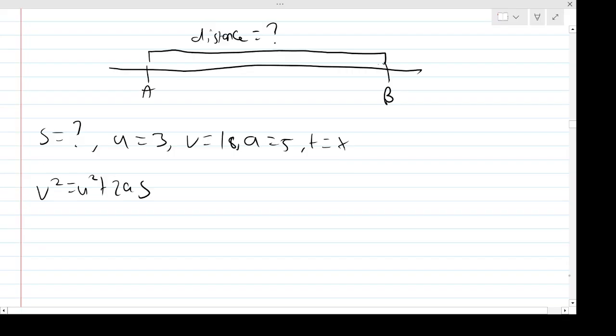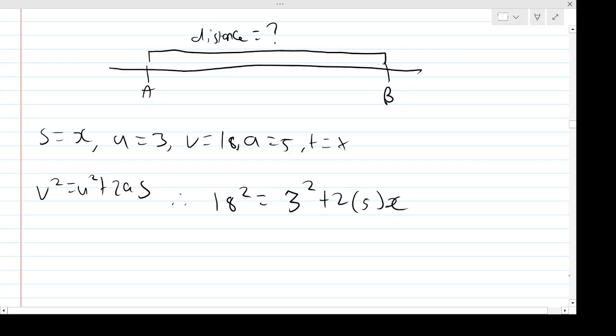We want to find S, so let's substitute these values into this formula. V is 18, so 18 squared is U squared, which is 3 squared, plus 2 lots of A, which is 5, lots of S, which I'm going to call X.